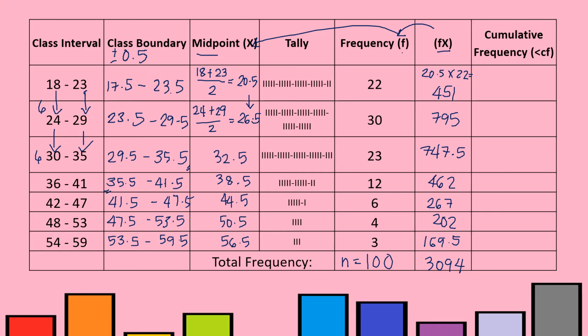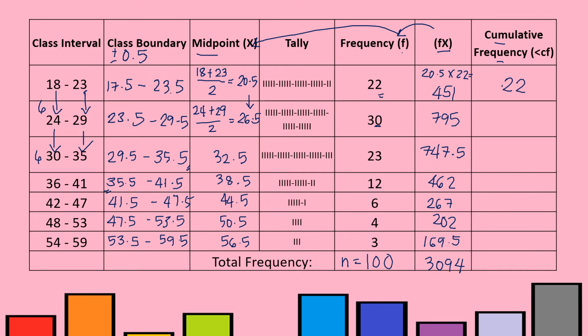Then how are you going to get the cumulative frequency? We will start with the first frequency, which is 22, and then add the next frequency.